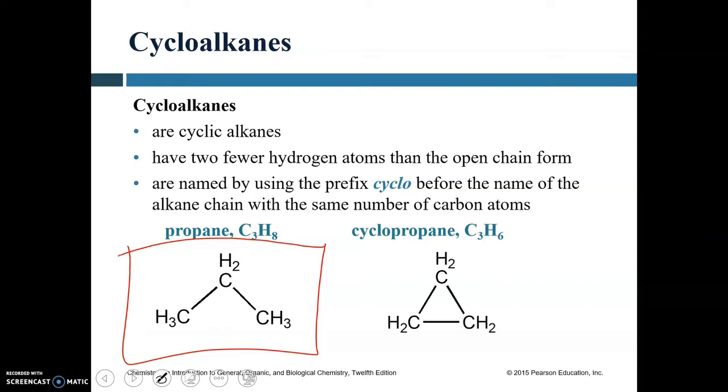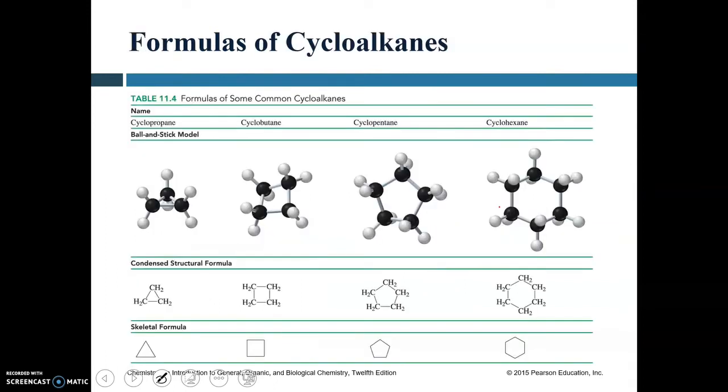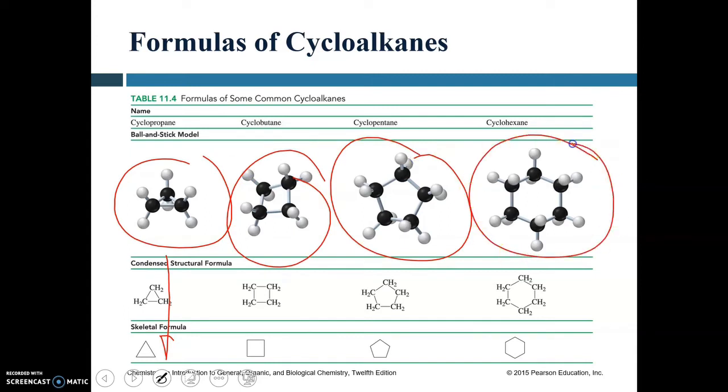So now the formula for cyclopropane will be C3H6. Basically the difference in the name is that you put the prefix cyclo before the name of the alkane chain with the same number of carbons. So here you have cyclopropane with corresponding condensed and skeletal, cyclobutane, cyclopentane, and cyclohexane.